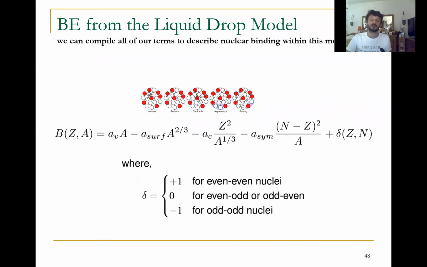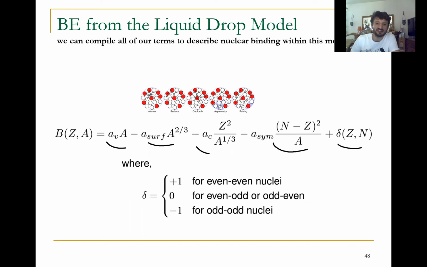And here, to get the global expression of the binding energy using the liquid drop model, we have to add all the terms: the volume, surface, Coulomb, asymmetric, and pairing. This one, this one, this one, this one, and this one.